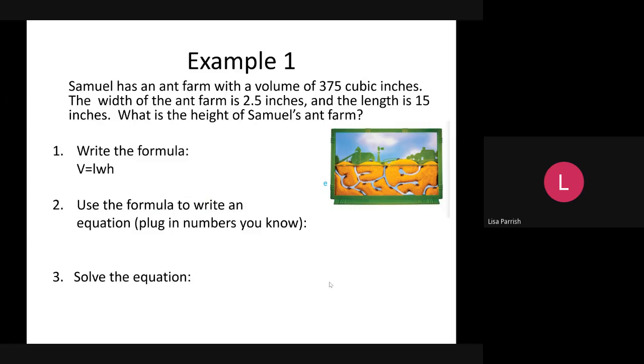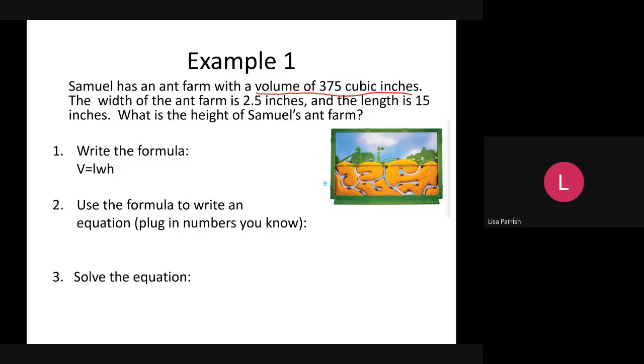So the first thing you want to do, kind of like again when we did area equations, is pull out the information that they're giving you. We want to pull out any information that will help us solve this problem. So if I'm looking in the very first sentence, I see that they're giving me the volume.